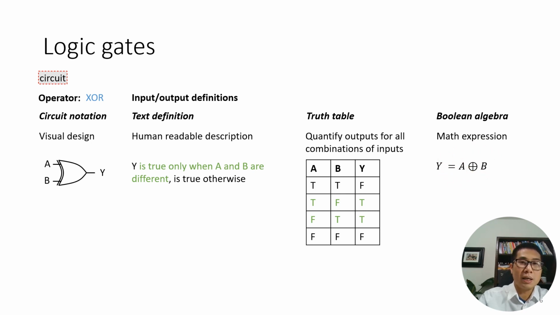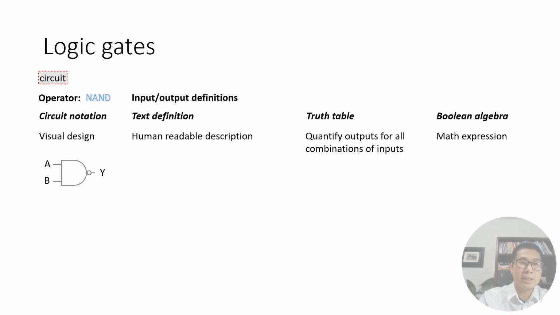Now the next logic gate is the NAND logic gate, which implements the NAND logic operator. This one is actually NOT AND, or the negative version of the AND. So we will have the AND first, and whenever you see this little circle over here, it means that you negate the output.